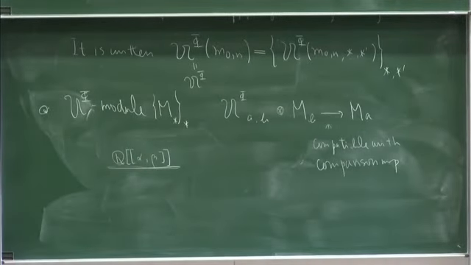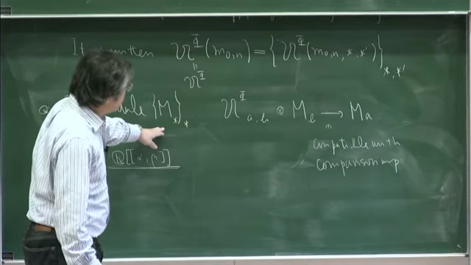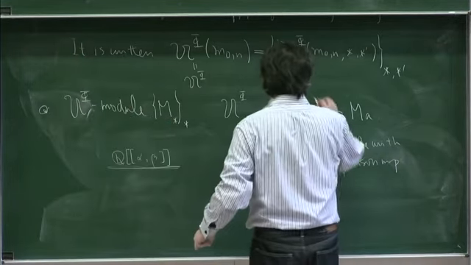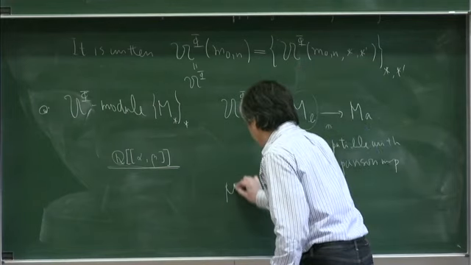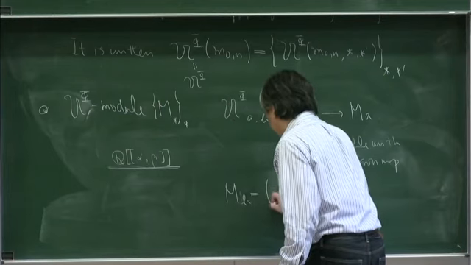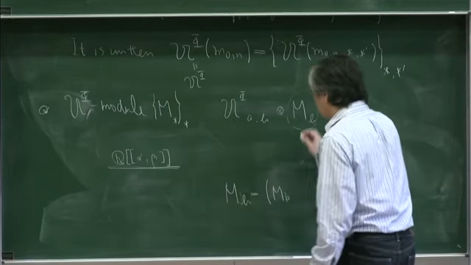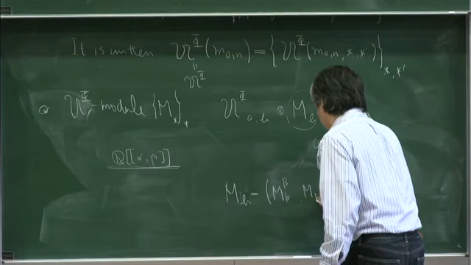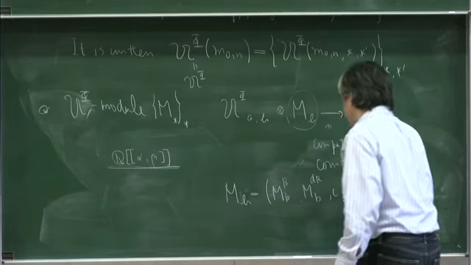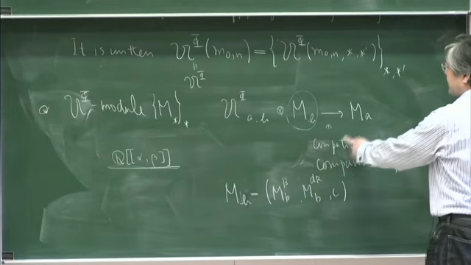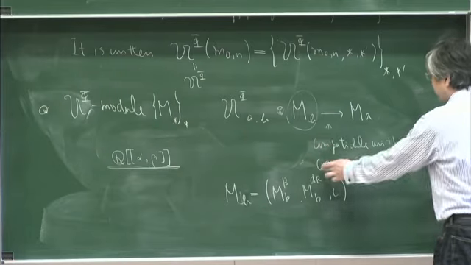So C vector space, this tensor over C. At least it is a vector space, right? M_B is an object in C, M_dR is an object in B, and there is a comparison. And this is a morphism. Morphism means everything is compatible with the comparison morphism.